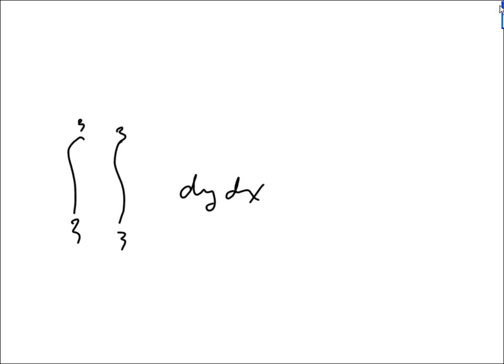So the integrand will be 1. And then plug in the limits and subtract, and then integrate again with respect to x, and then plug in the new limits. And on that note, that finishes the section, iterated integrals and area in the plane.